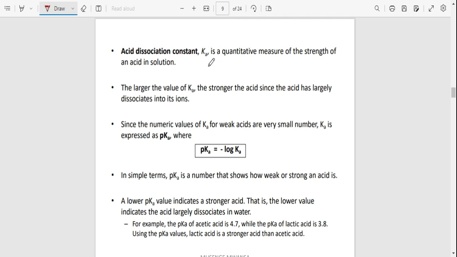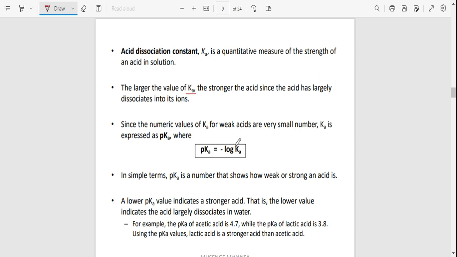So the acid dissociation constant, which is Ka, is a quantitative measure of the strength of an acid. The larger the value for Ka, the stronger the acid, since the acid has largely dissociated into its ions. Now, because the numeric value of Ka, especially for weak acids, is very small, you are going to mostly express it in terms of pKa.